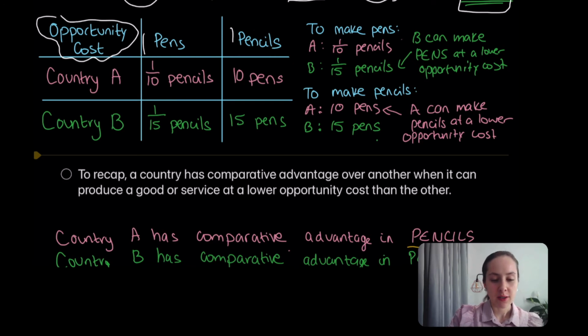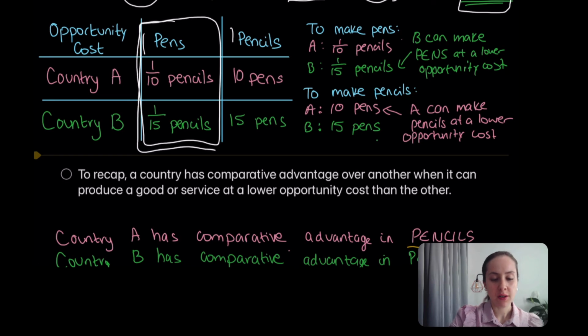So let's take a look at pen production. We compare country A and country B to make 1 pen. It turns out that 1 divided by 15 is a smaller number than 1 divided by 10. So that means country B can make pens cheaper than country A because they sacrifice fewer pencils.